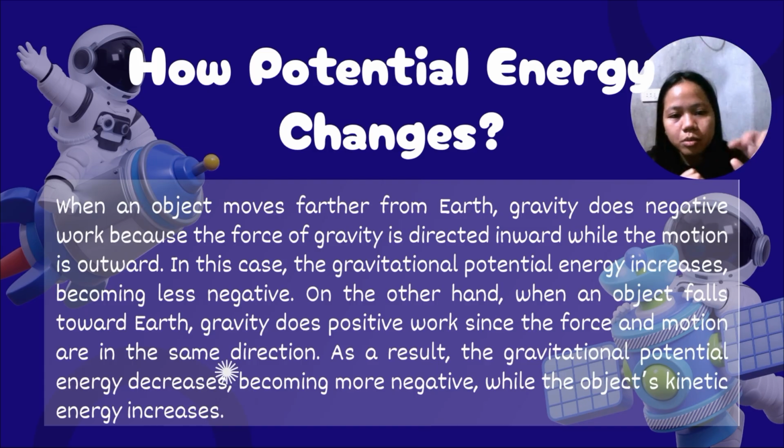If the object moves away, the PE increases, which means it becomes less negative. If the object falls down toward the earth, the PE decreases, which means it becomes more negative.